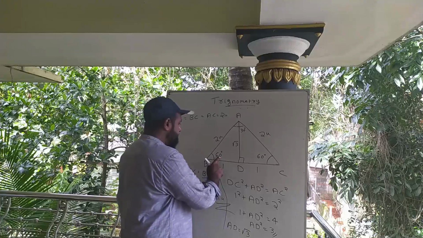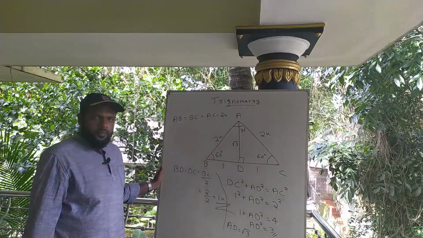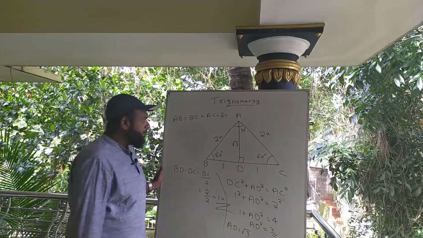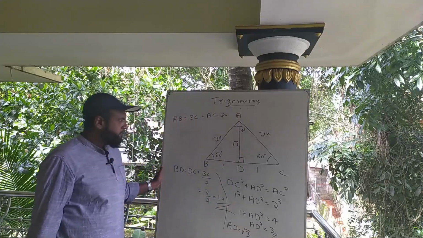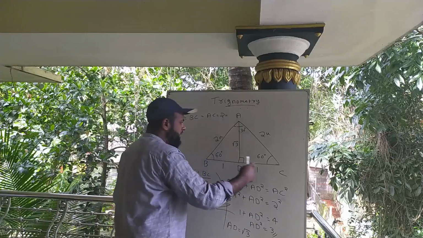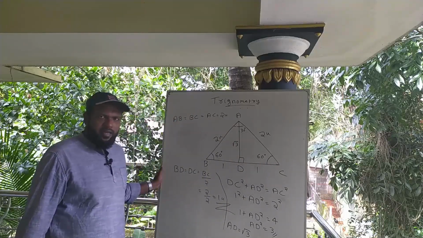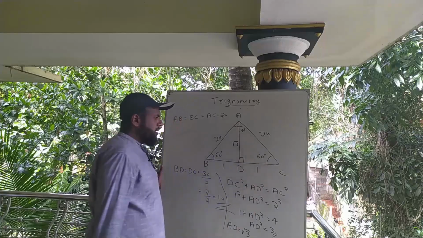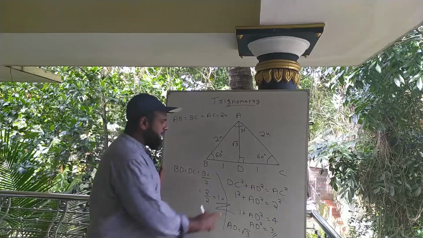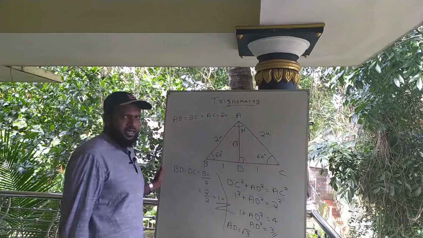Let us see. And we have drawn a perpendicular bisector from A to the point D, and we got ADC as 90 degree and angle DAC as 30 degree and angle DCA as 60 degree.